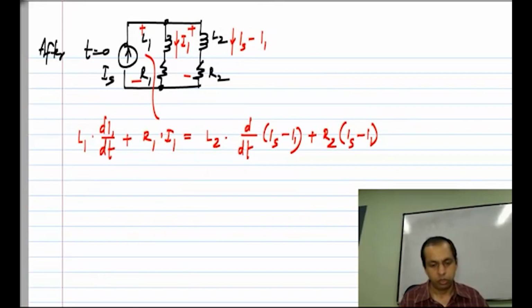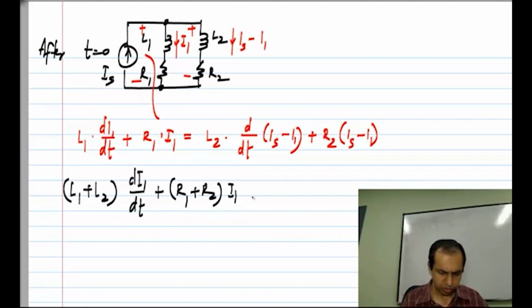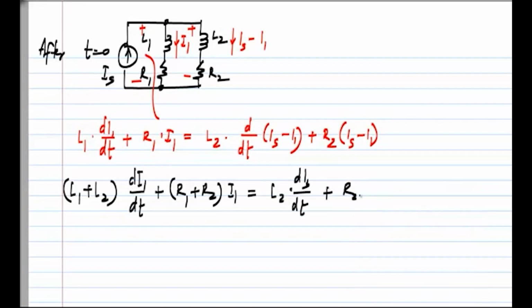So, if I group all the terms containing the variable I1 to the left hand side, this is what I will get, and on the right hand side I will be left with the remaining terms.